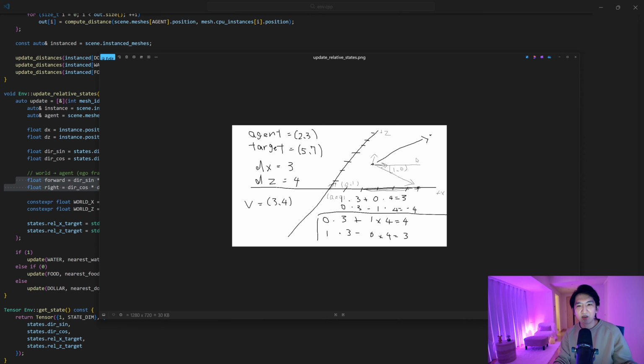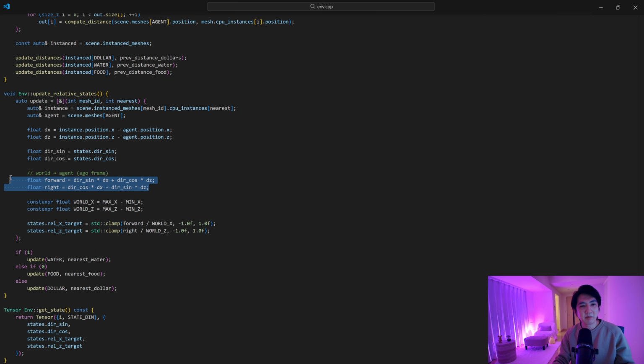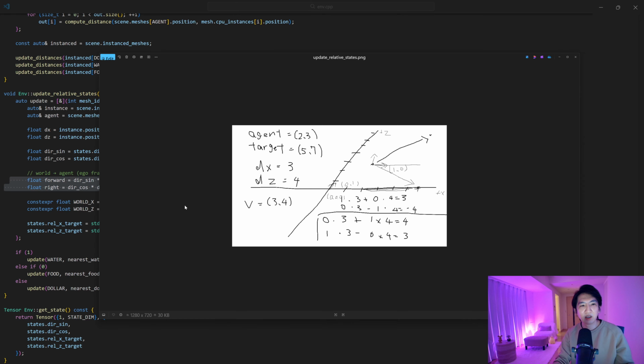And so this would be as if he's at the origin facing 0, 1, or the direction is 0 degrees, or 0 radians. Let me just compute forward and right vectors, and these equations are for when the direction is 0 degrees.